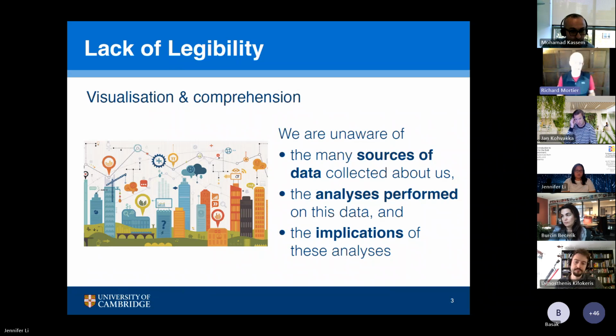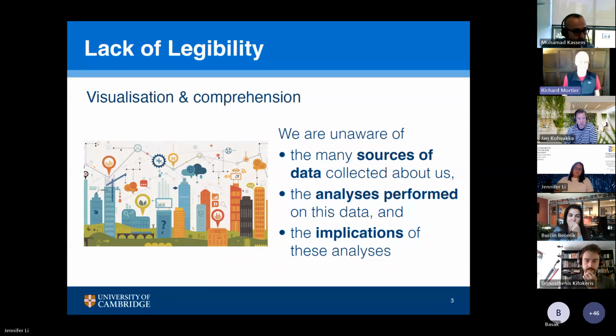It's very difficult to see what analyses are being done, and it's very difficult to understand what the implications of those analyses might be. And they can be quite severe. I mean, ranging from not getting a job interview because somebody's auto-processed your CV, through to changing your credit scoring, through to denying you a mortgage application. There's lots of big effects that these systems can have, and we thought it was important that they should be both visible and also understandable, comprehensible to the people that were data subjects.